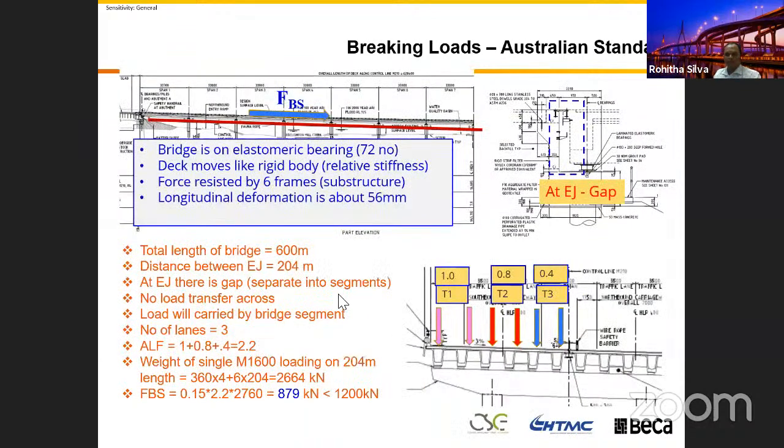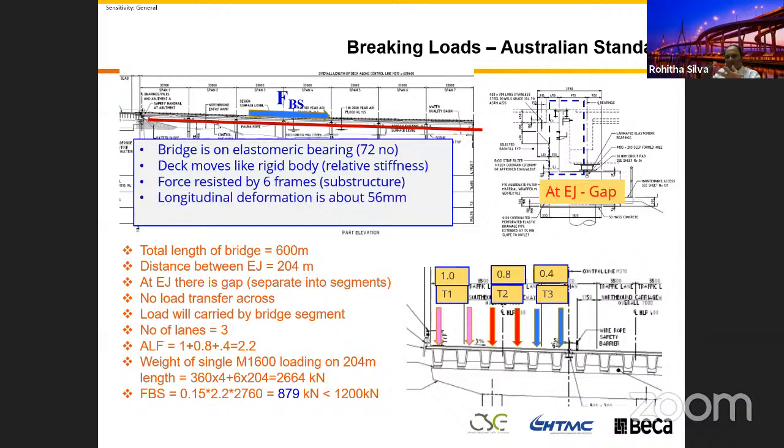When you apply the braking load on a bridge, the length of the bridge is 600 meters, 600 plus meters, I should say. The distance between the expansion joints is 204 meters. I have this picture on your left-hand side. You can see at EJ, the expansion joint, a gap. I just blocked that one now. The reason is when you brake on the bridge, when there is a gap, the force is not going to pass from that point to the other point, unless you brake right on top of the expansion joint.